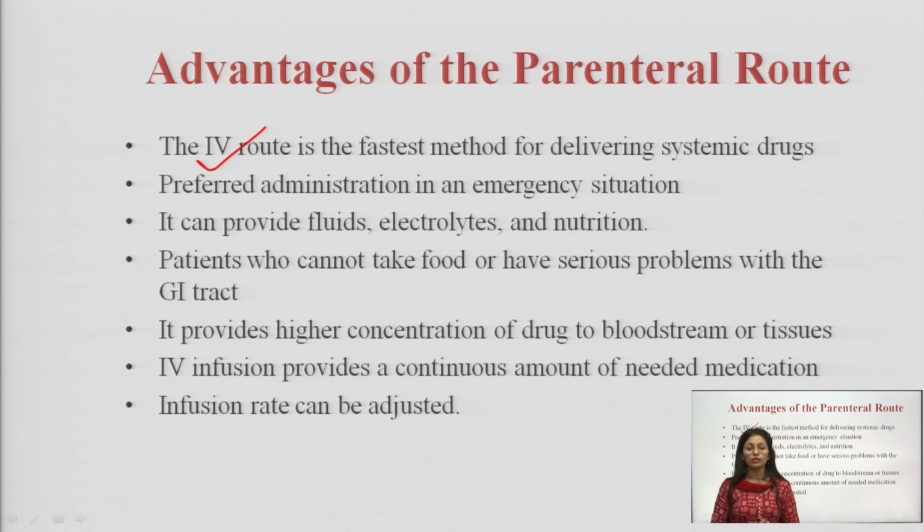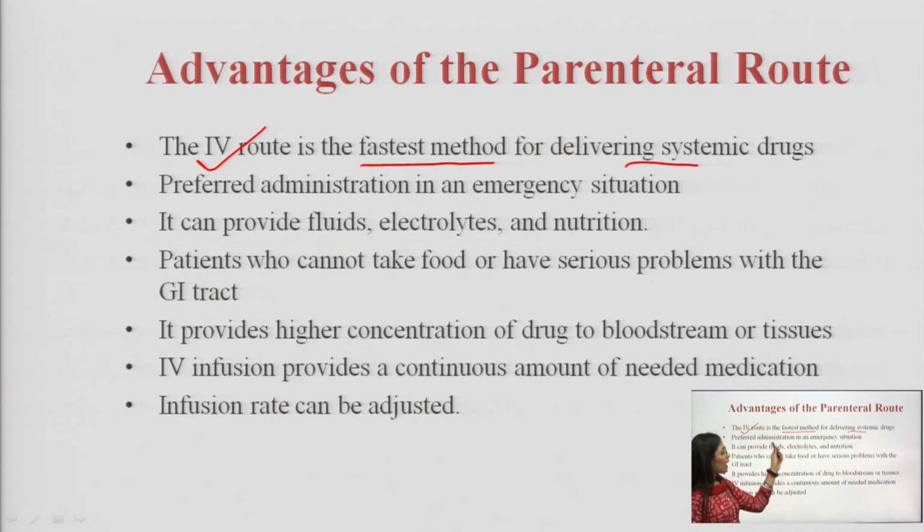Because the drug we administer through parenteral routes goes directly into the systemic circulation. When we take a tablet, it takes a prolonged time to get absorbed. But when we directly administer the drug inside the systemic circulation, it gets the fastest absorption. That's why it is called the fastest method for delivering systemic drugs.